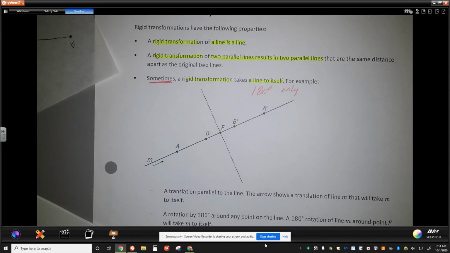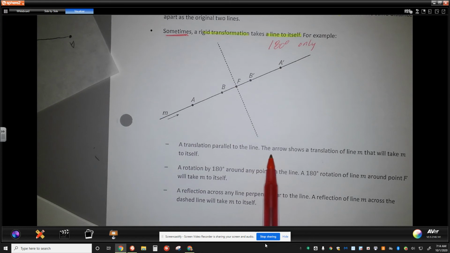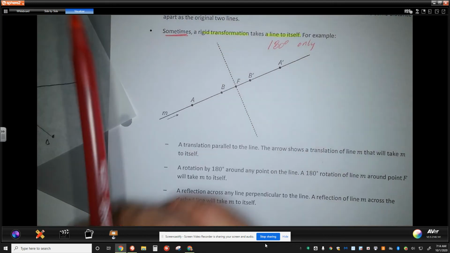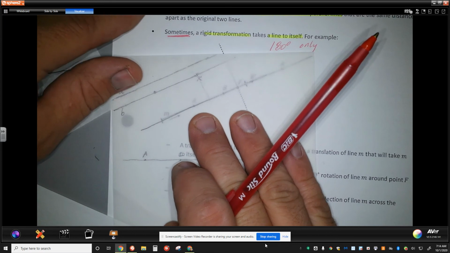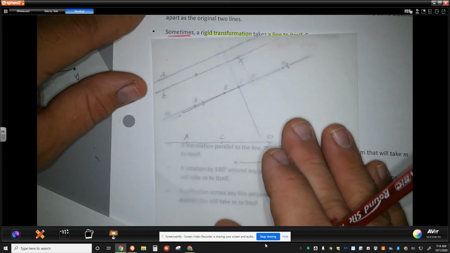We know a couple other things. A translation of a parallel line. The arrow shows a translation of line M that would take M to itself. So if you take this line right here, line M, and you simply translate that line, it remains on the line. It will take M to M.